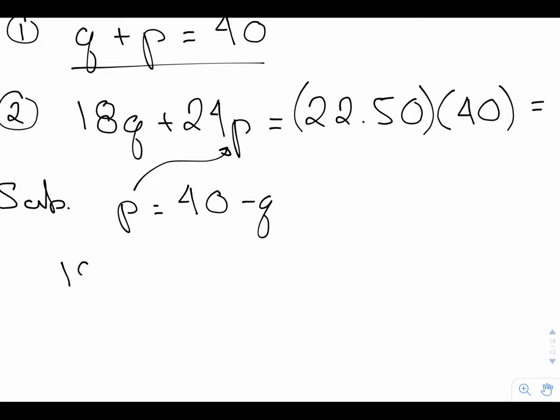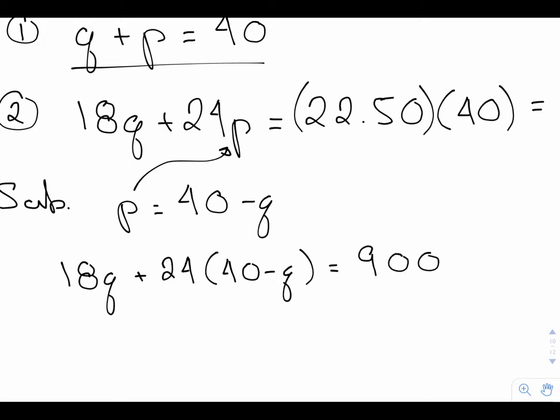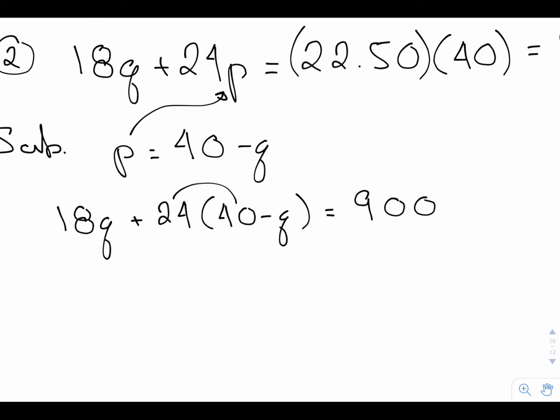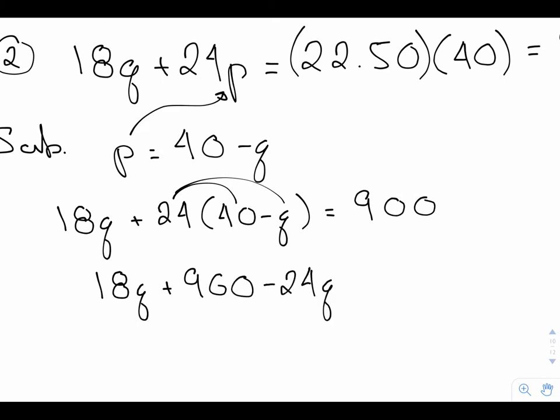So I get 18Q plus 24 times 40 minus Q, that's what I'm replacing P with, is equal to 900. Do the math, I'm going to bring in the 24, I get 18Q plus 960 minus 24Q is equal to 900.